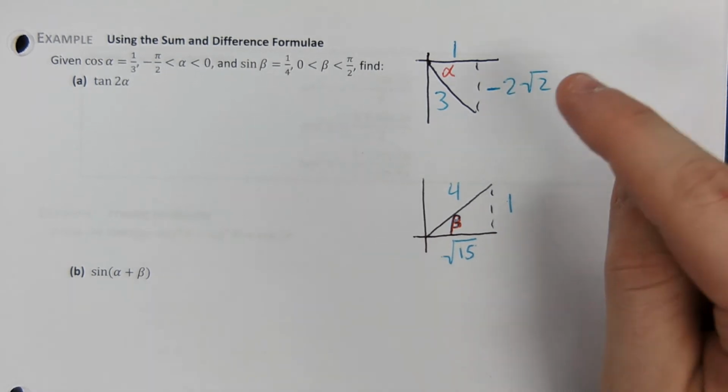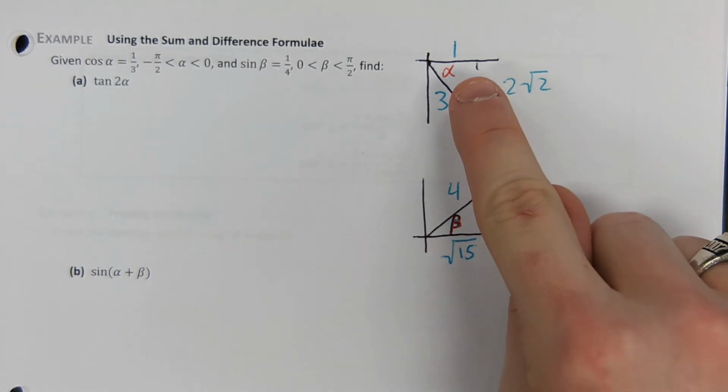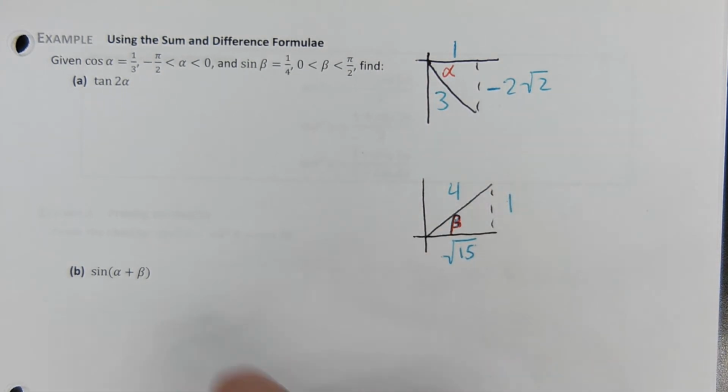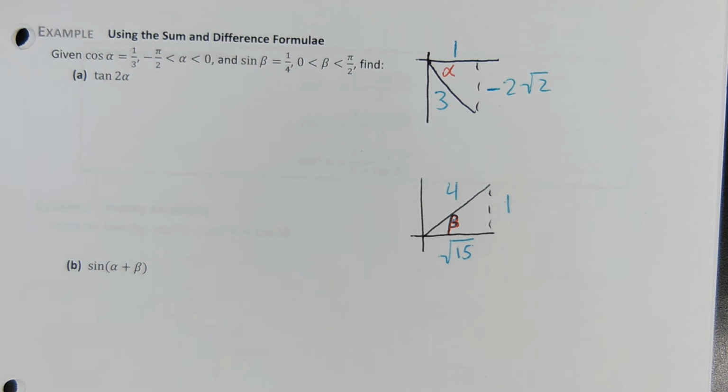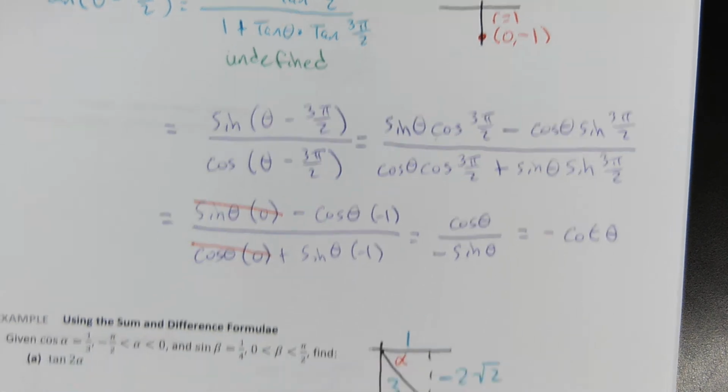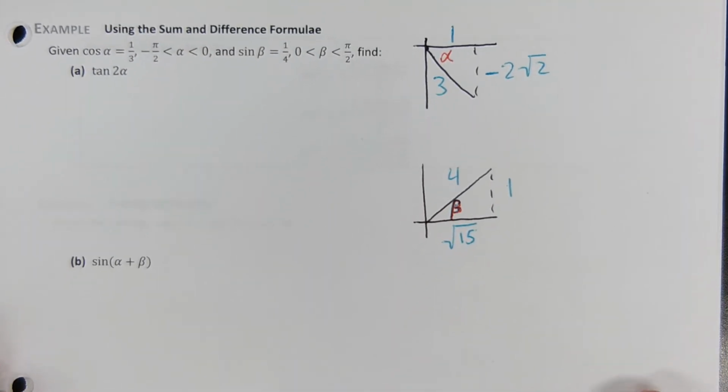But since I'm going to have an angle here that's not a 45 and an angle here that's not a 45, I know it's safe for me to use the tangent sum or difference identity. The 45, 45, 90 triangles are the only ones you have to be scared of. Or, of course, quadrantals. Okay. Otherwise, you're good to go on the regular old identity.